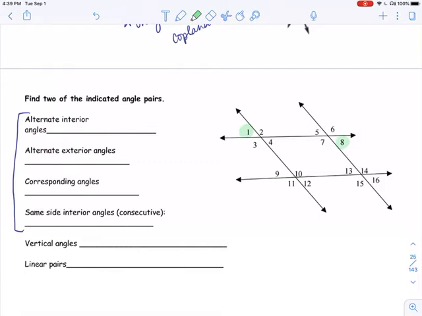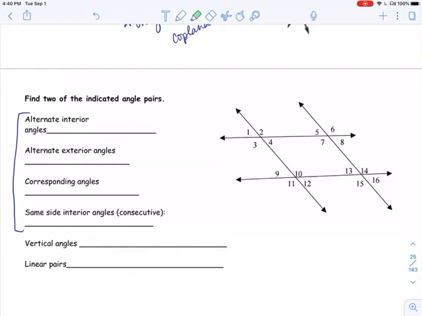And if I look at the vertical transversal, 1 will also be an alternate exterior angle to angle 12. 6 and 11 would be an example of angles that are created by 4 lines. So 6 and 11, although they're on alternate sides on the outside, those would not have that direct alternate exterior angle relationship.